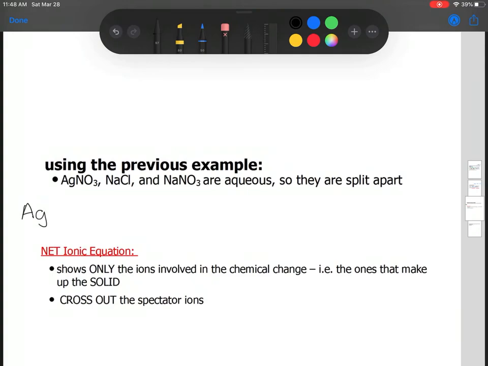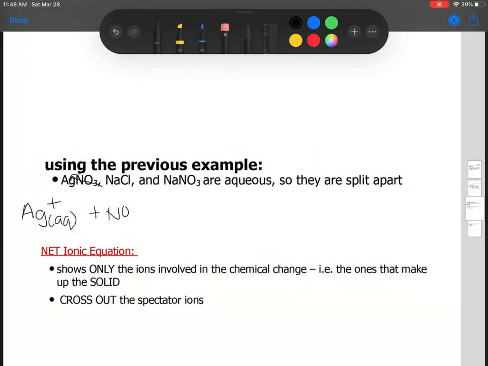Okay, so when we do this, it is very important that you write (aq). Technically, if it's an ion, it should have a charge, but often students get stressed by this. So if you're taking grade 12 chemistry, the ion charge will be a little bit more important there. So I encourage you to try to think about the charge. So for silver, you could look at its charge on the periodic table, or you can uncross, right?